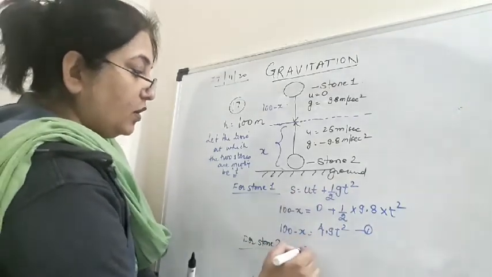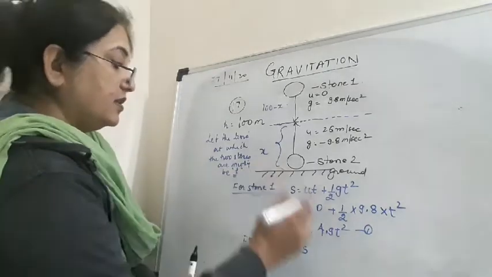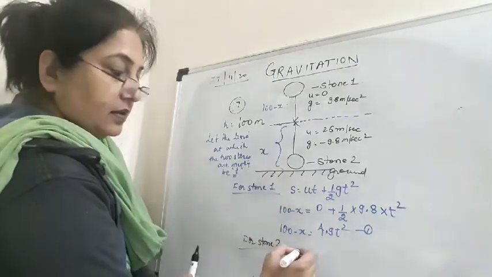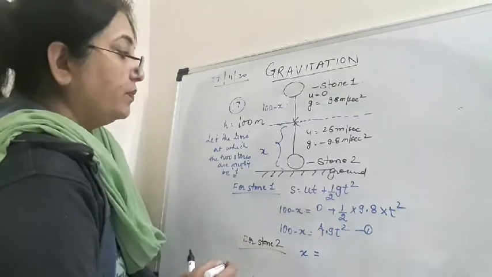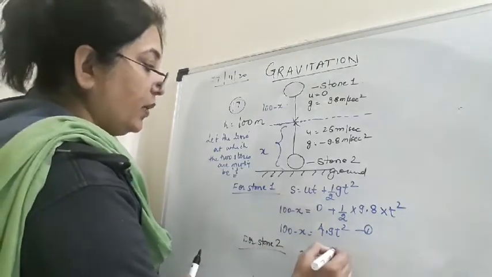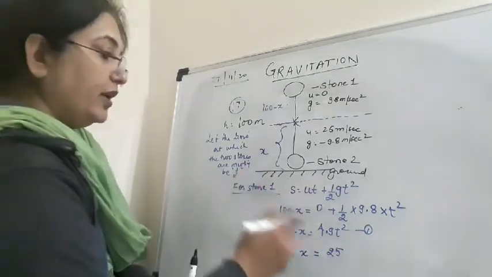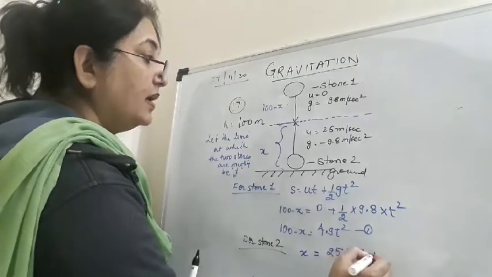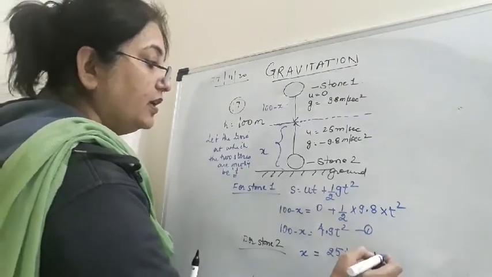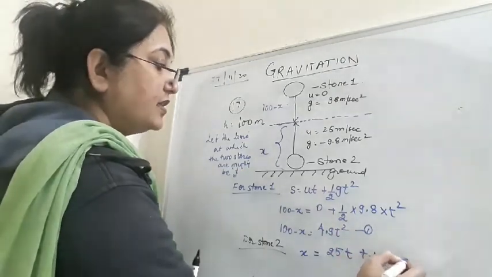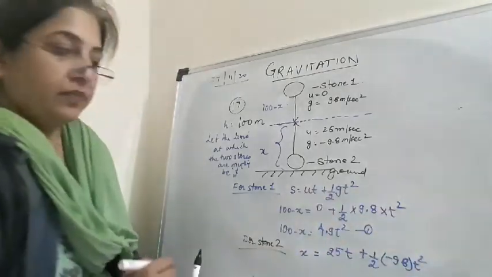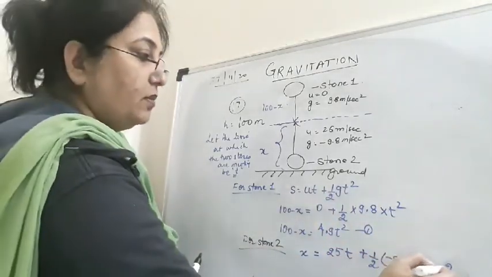Now distance will be x, so x equals ut, 25 into t, plus half g, meaning minus 9.8, t square. So this is equation number 2.